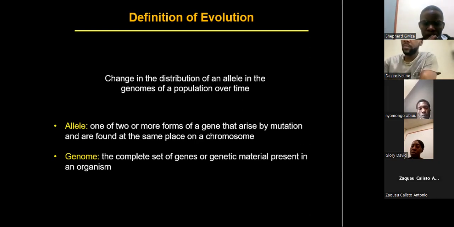Errors can happen when the DNA is being copied. Sometimes a base is mismatched. Now, again, we have a lot of error correction machinery that corrects that, but sometimes there's a 1 in 100 million chance of it not getting corrected and just getting promulgated through to the next offspring.